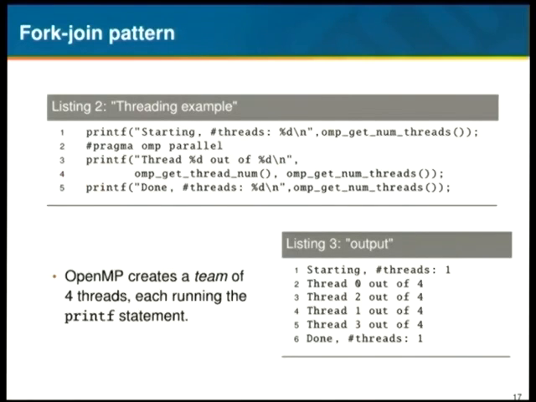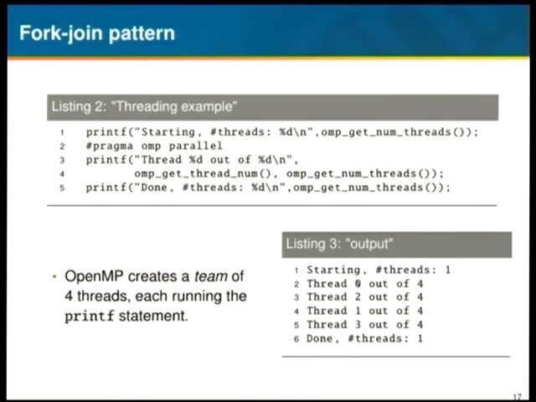Let's make it slightly more complicated. Now I only have a pragma in the middle, so we start sequential. There's only one thread. Then we go to a parallel team. So each thread of the team will execute printf.